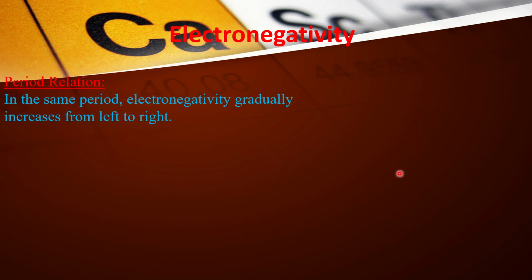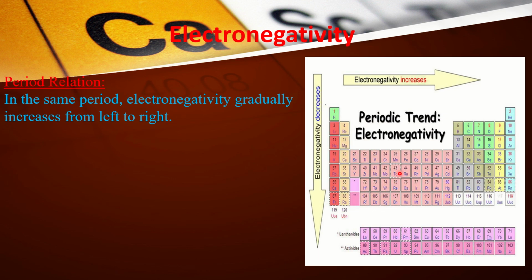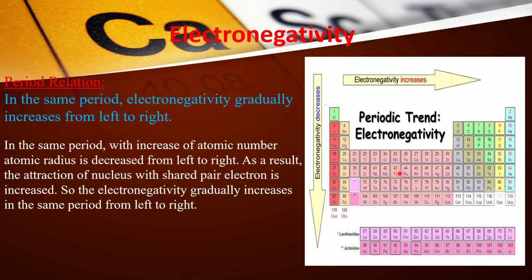Now, period relation. In the same period, atomic radius gradually decreases, so electronegativity gradually increases from left to right. With increase of atomic number, radius decreases from left to right. As a result, the attraction of the nucleus with the shared pair of electrons increases.